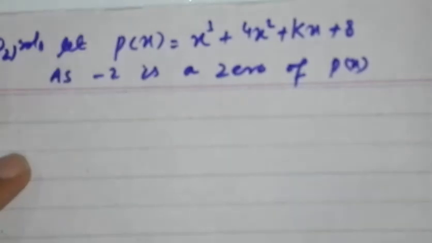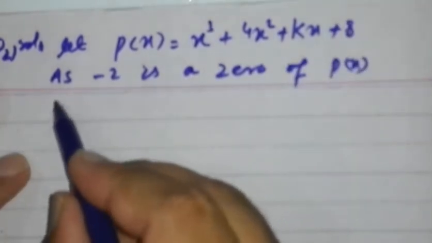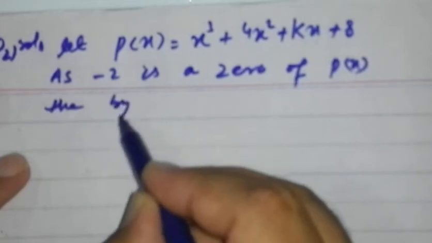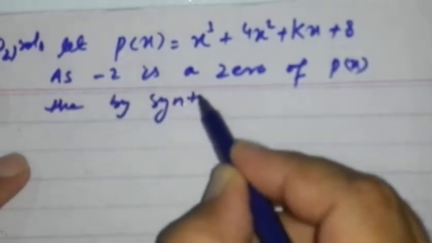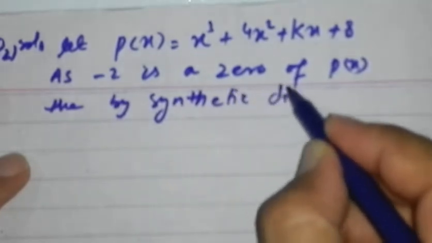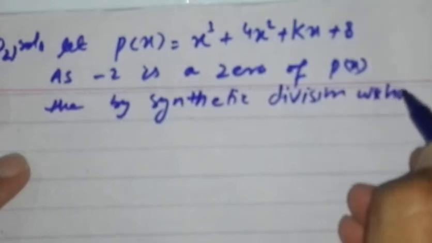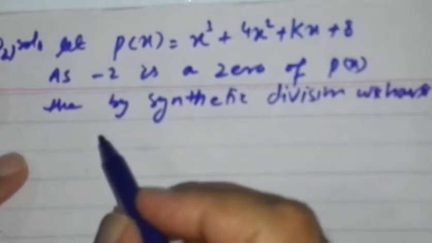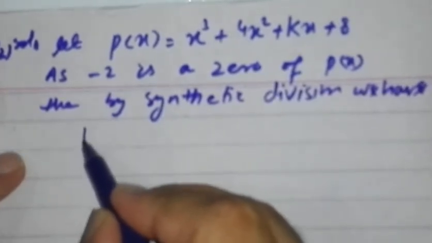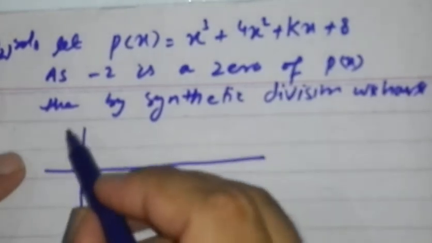But here the k is unknown. We are going to find it by synthetic division. P of x by synthetic division, we have to draw two mutually perpendicular lines.